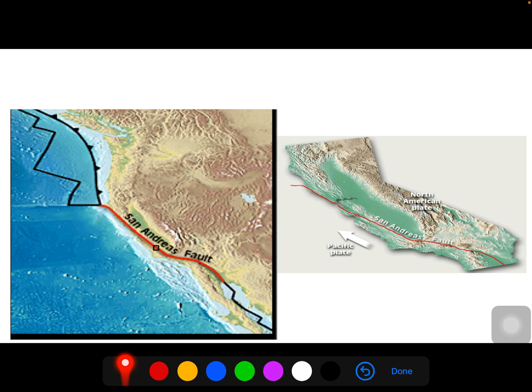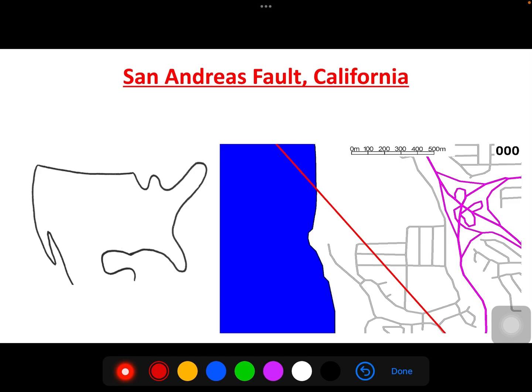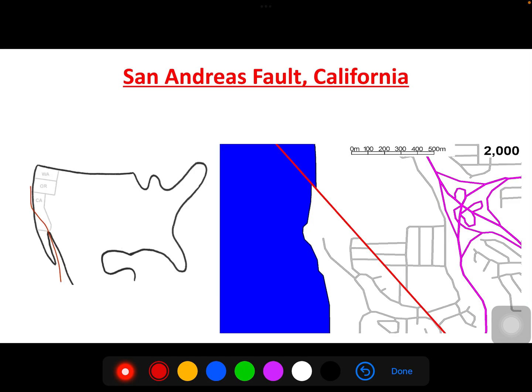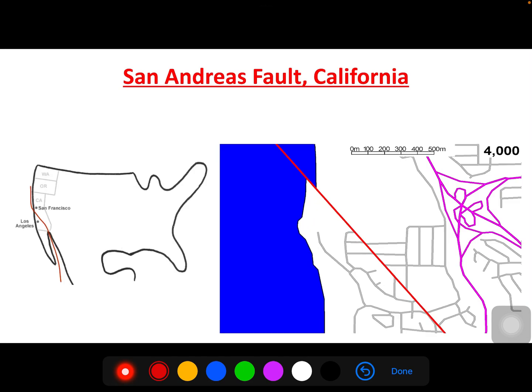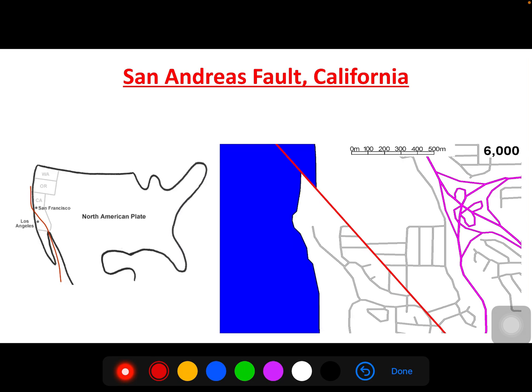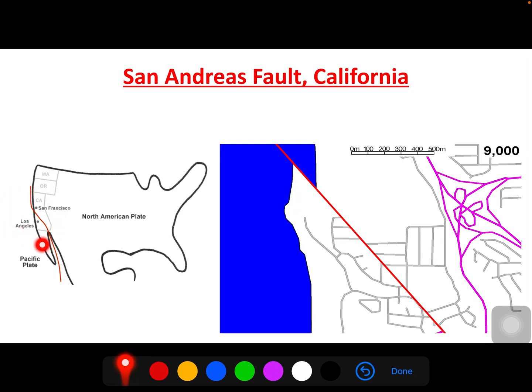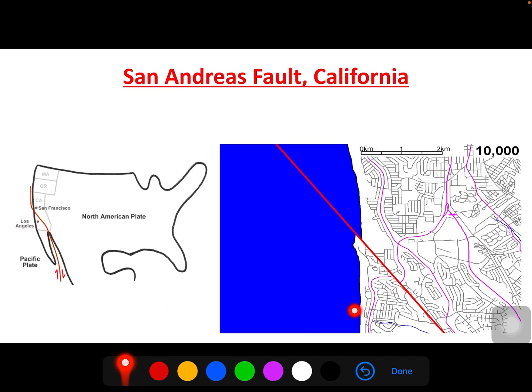So part of California is moving this direction, and part of California is moving that direction. Here is an animation of what's happening in California. So you can see part of California is moving a different direction.